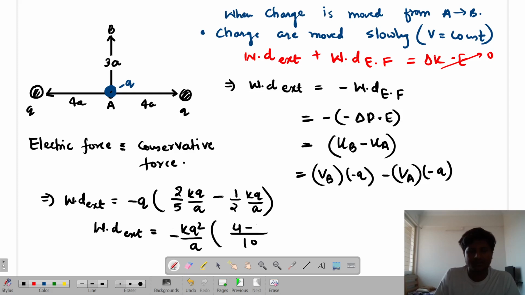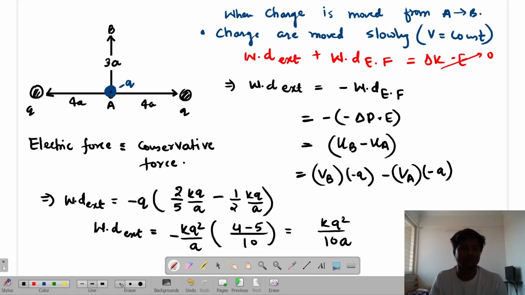So 4 minus 5. So this answer is 1, means KQ square by 10A. That's your answer. That's my work done by the external force. Are you able to get me?